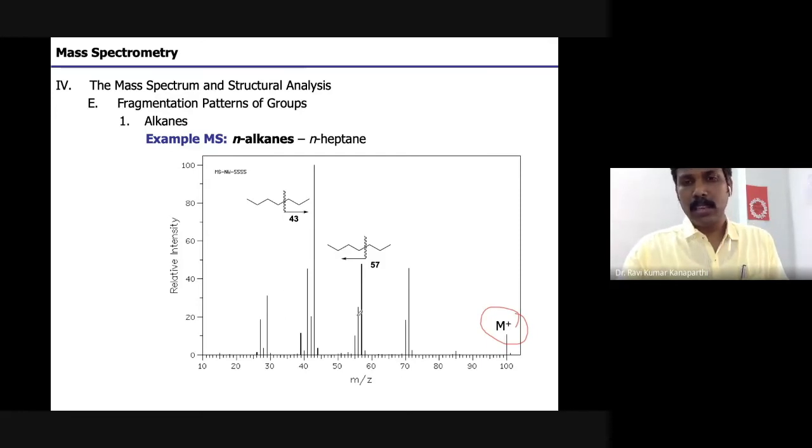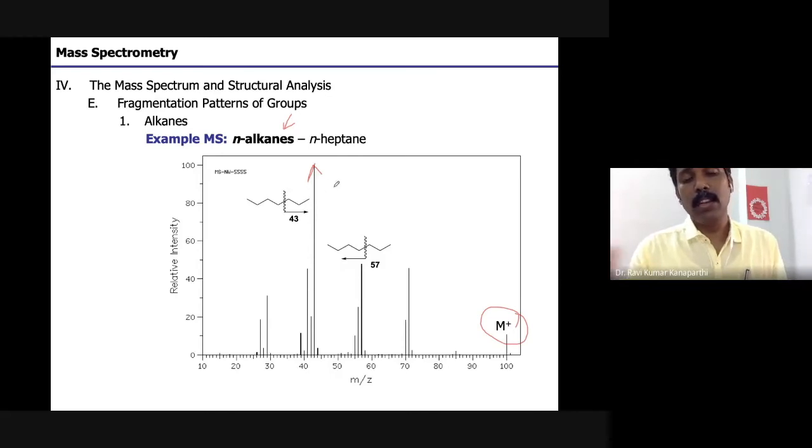Of course, other types of fragmentation are also possible, but generally what we see is that when you look at n-alkanes, the 43 will be seen as somewhat more stable, and that will be seen as the base peak, right?